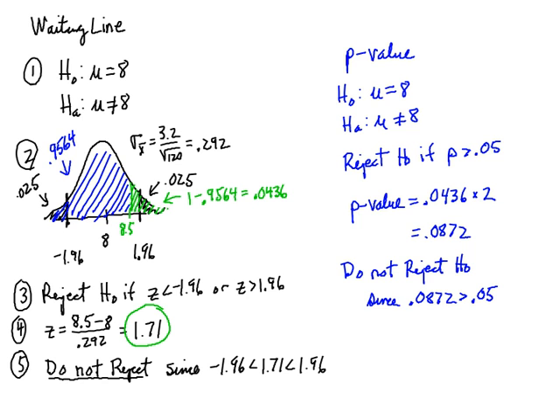Again, just because we're not rejecting H sub 0 doesn't mean it's proven true. There actually, in reality, may be more evidence that it's false, but we're not willing to take the risk to reject it at this point. So the test is basically inconclusive. We have not proven the null wrong, and we have not proven it true. So inconclusive.